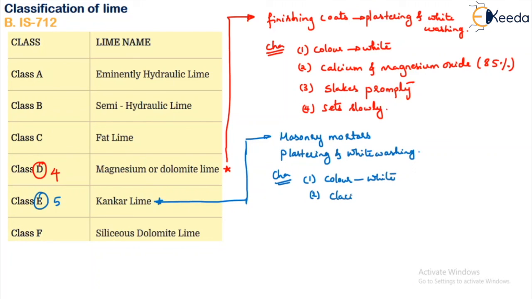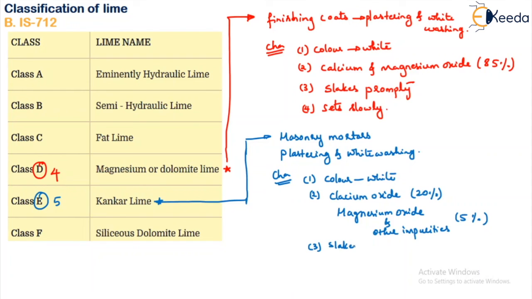The calcium oxide present in this particular type is about 20%, and the magnesium oxide and other impurities are in the range of 5%. Okay, so this slakes as well as sets very slowly. Both slaking and setting are slow in this case.